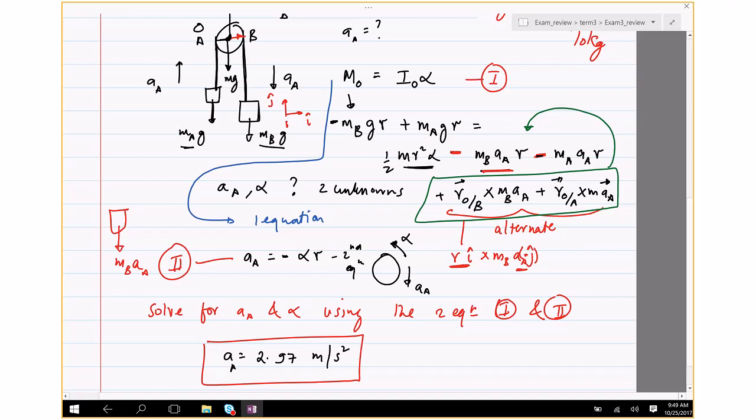And then R is this about O. So it's going to produce a clockwise moment, right? It's a moment, yeah. So should it be on the left side? It should be. And then when you bring it over, it's going to be... No. So there's a difference. The moments due to external forces are on the left side, and the moments due to inertial forces, MA and I alpha, are on the right side. So when you have things on the right side, you need to treat them as they are on the right side. Do not make the mistake of treating MBA as an external force. It's a different thing.